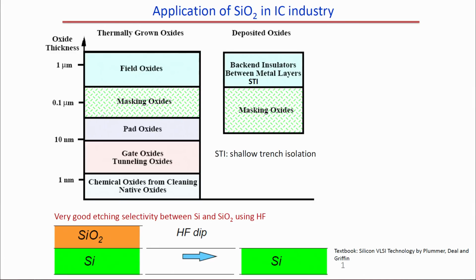Generally gate oxide is around 10 nanometers, masking oxide 0.1 micron, while field oxide is around 1 micrometer. And we all know that the silicon dioxide etchant is HF.